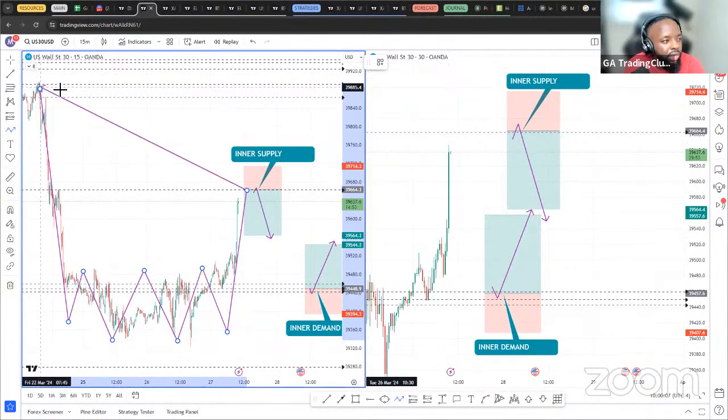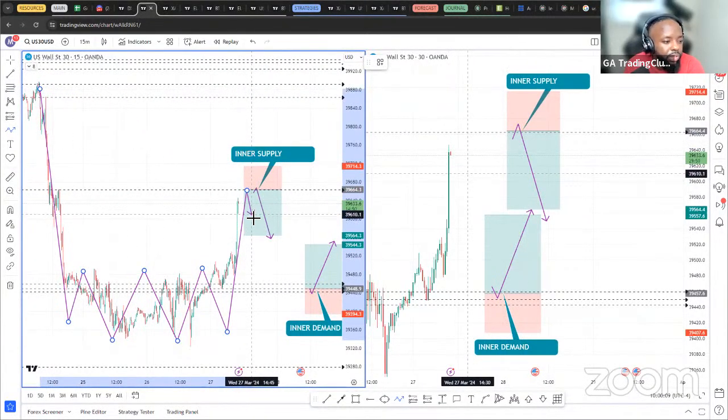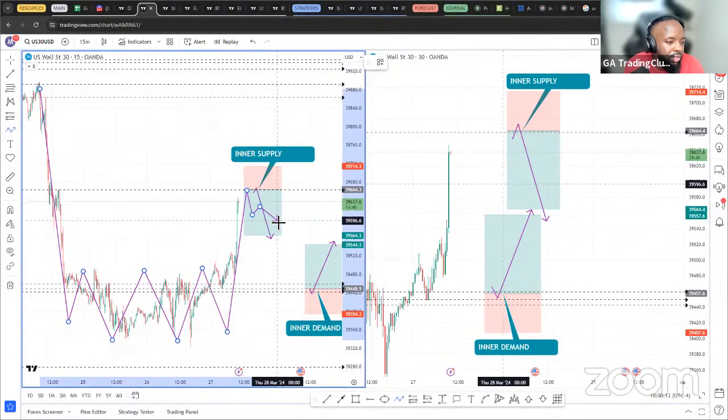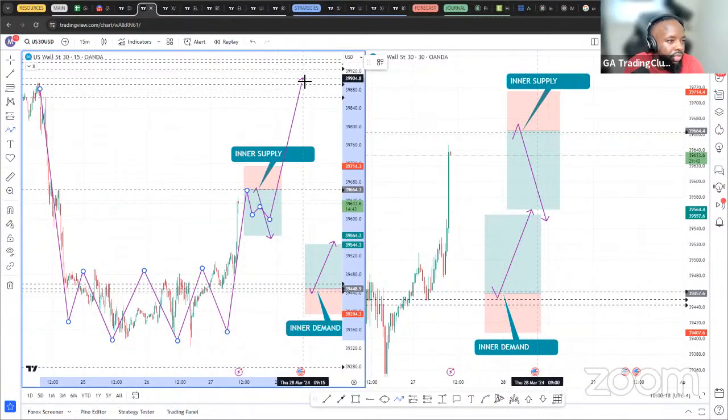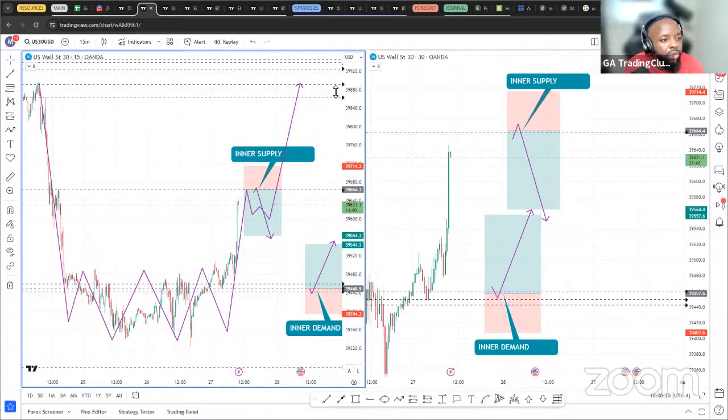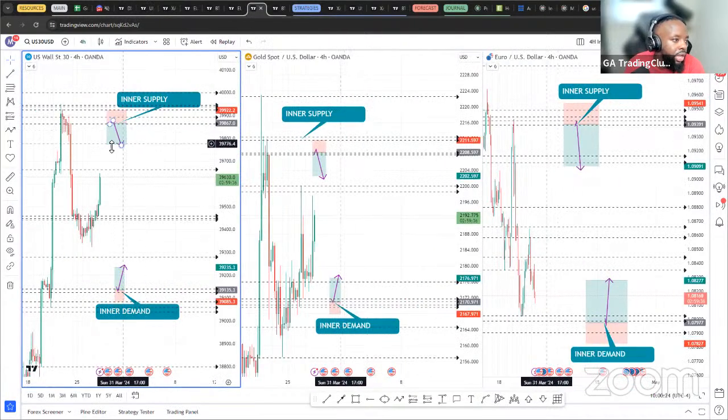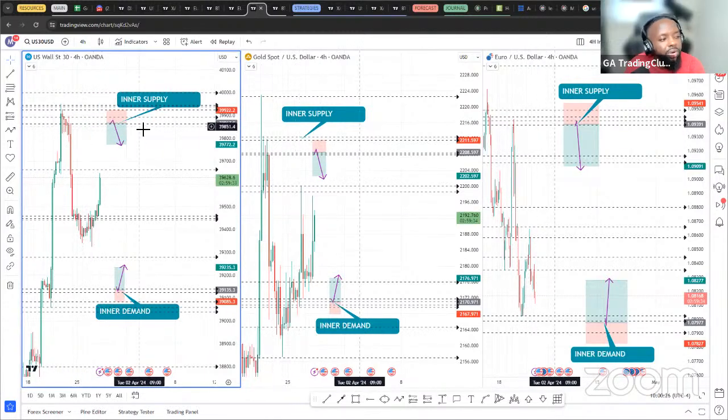But I do see this structure being completed at some point. So hopefully something like this, or even hits break even, achieves a 1:1, and then comes back to this area, which if you look at the 1-hour time frame, 39,880, that's towards the 1-hour sell zone.